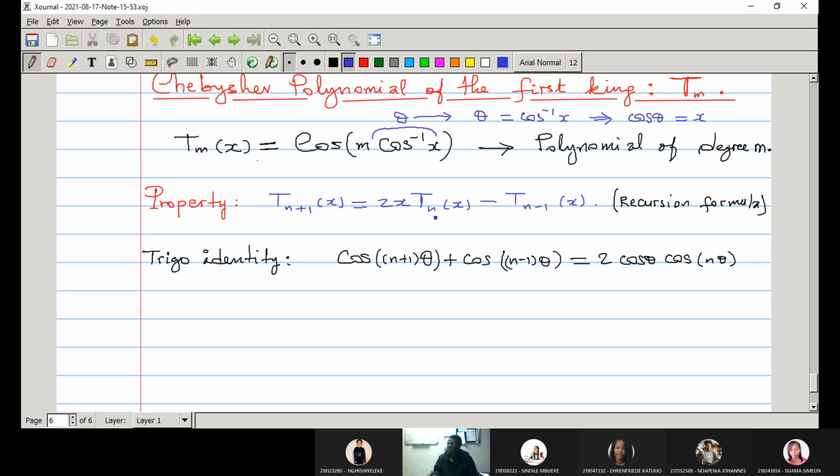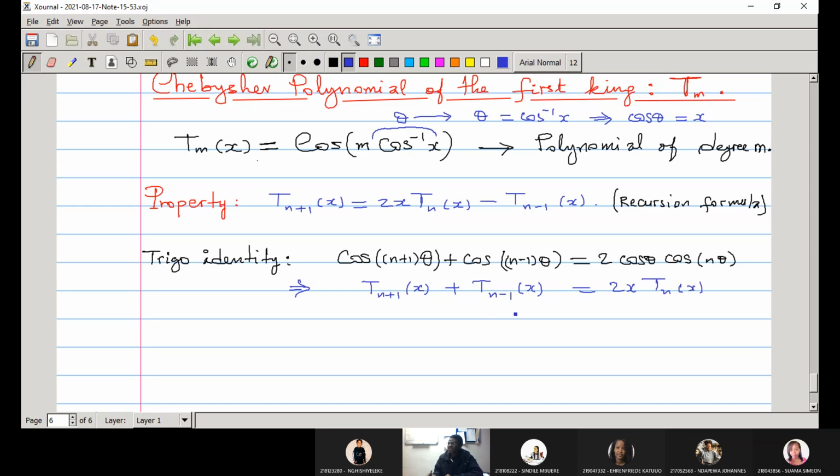Okay, and now this one is by definition Tn, right? Because if this is n inside, this will be Tn, and this is Tn plus 1, Tn minus 1. So I replace. This gives us Tn plus 1 of x plus Tn minus 1 of x equal to 2x cos theta times Tn of x.